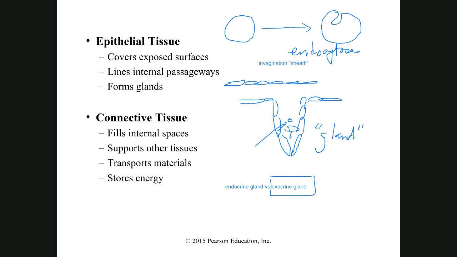The apocrine gland secretes a little more oily substance into the duct at the base of the hair follicle, for example. And that's the exocrine gland. In fact, the mammary gland is also an exocrine gland because it secretes into the mammary gland duct, which then empties into the areola or the nipple.